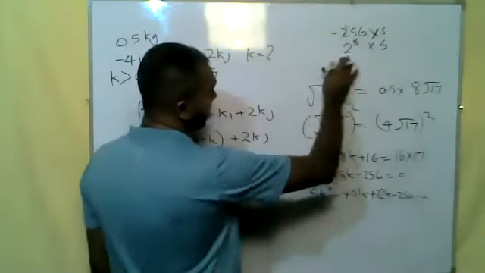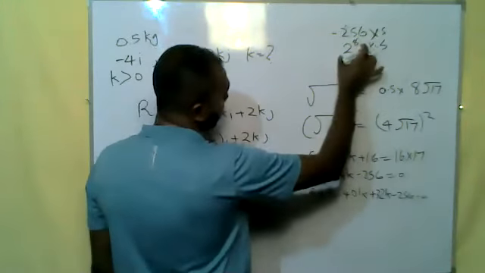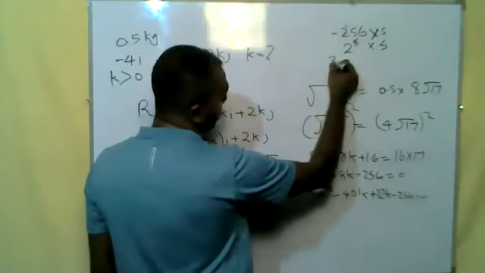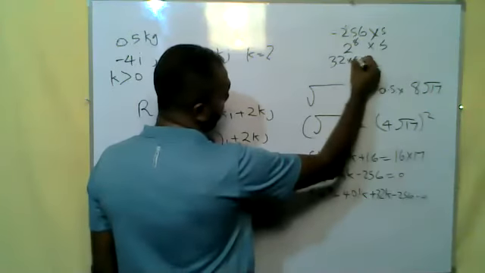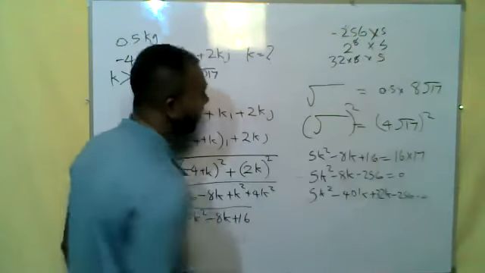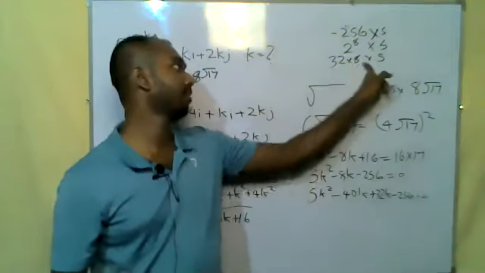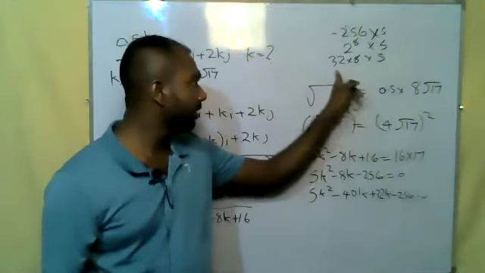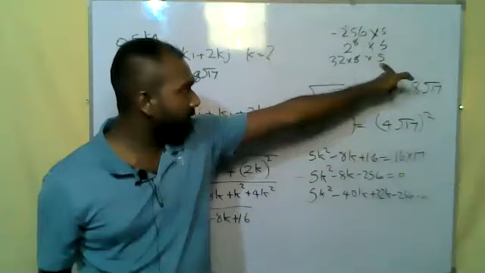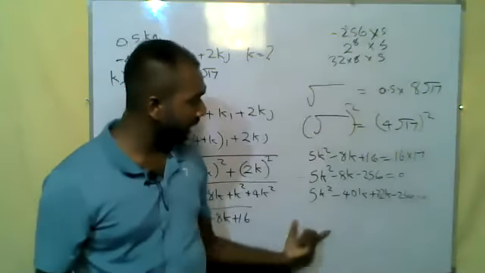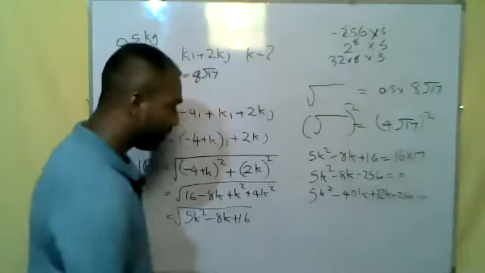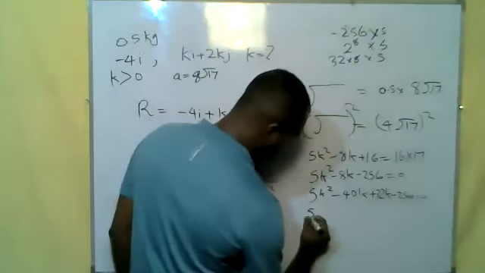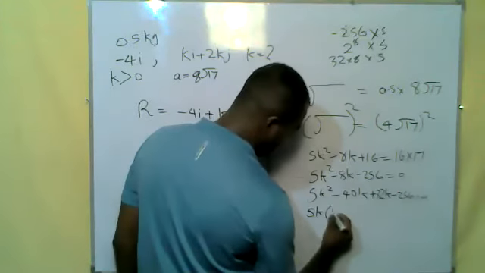I thought of 256 as 32 times 8, times 5. Now what can I say? 8 and 5, you can build 40. And here 32. If we get minus 40 and plus 32, the job is done. So from 5k we can take out k.